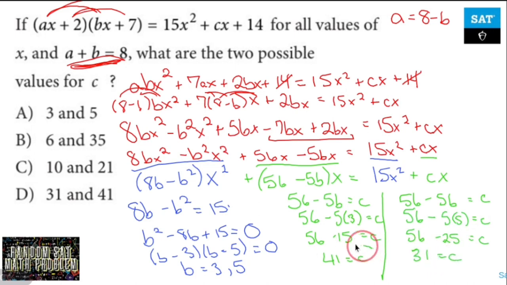So it looks like to me my two possible options for c are 41 and 31. So again, is there a faster way to do that? Yeah, probably, maybe, I don't know. But this is how it worked for me. Was it easy? No. But the SATs aren't supposed to be. So that's it.